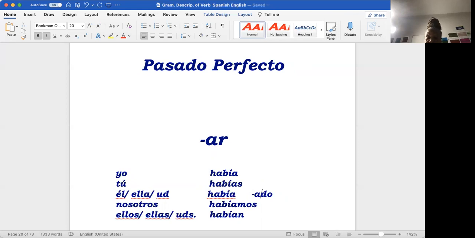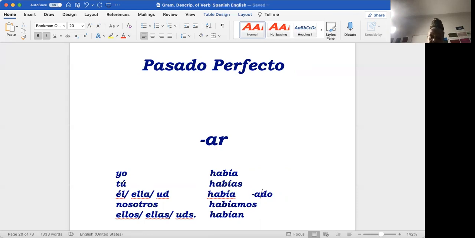And then the main verb that ends in AR: había hablado, getting rid of the AR, HABL, and then adding the ADO, hablado, caminado, trying to think of a regular verb.